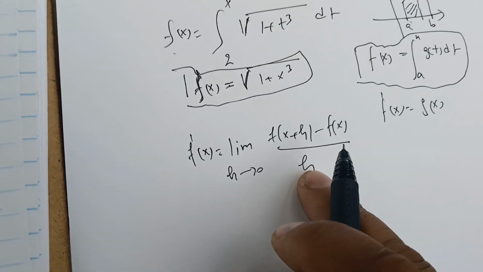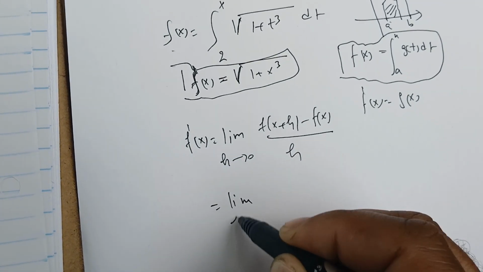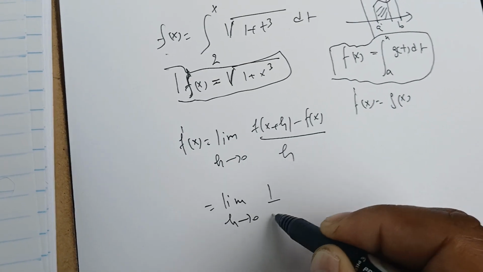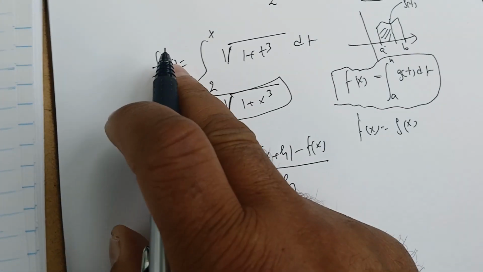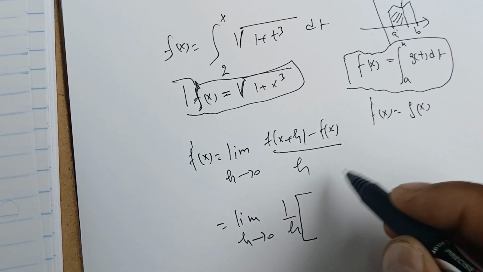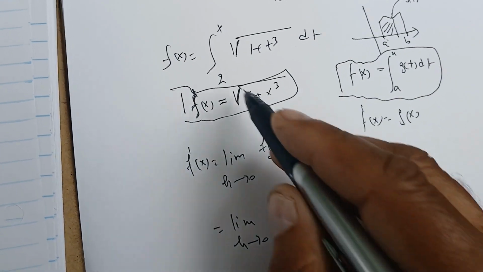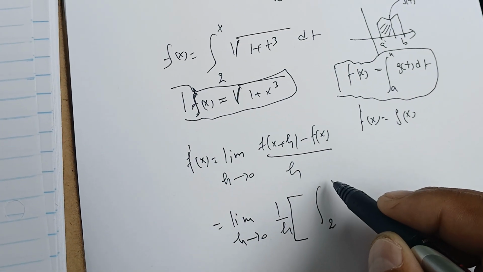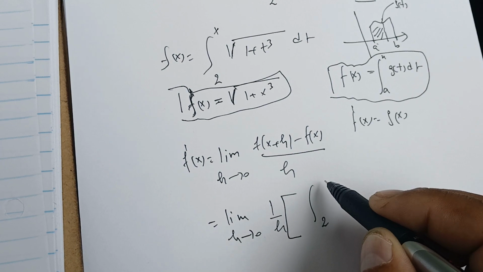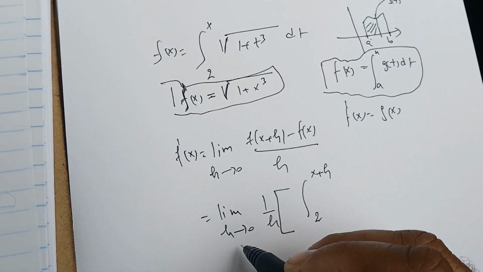Now we have our h. We keep the 1 over h outside, and we use our f. So it's f of x plus h, which means it's between 2 and x plus h.